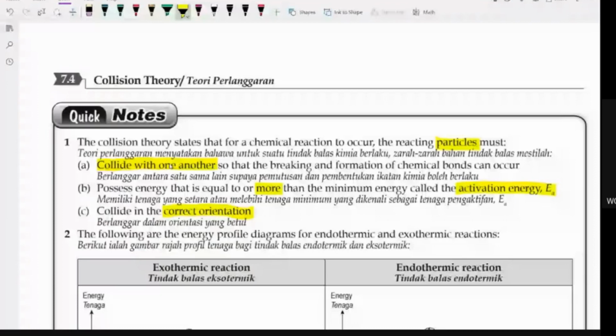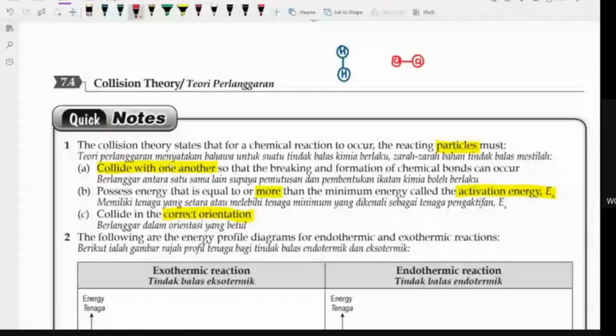When they collide like this, the orientation is wrong. Wrong orientation, so no products. So correct orientation is like what?